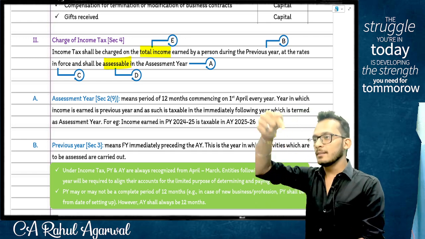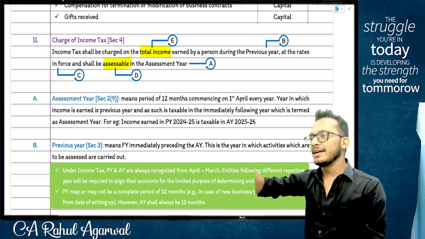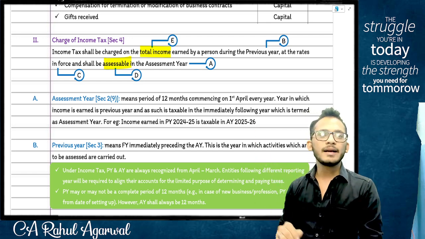Which means whatever income I'm earning in this financial year, 24-25, the assessment year will be 25-26. Correct, not correct? Yes.